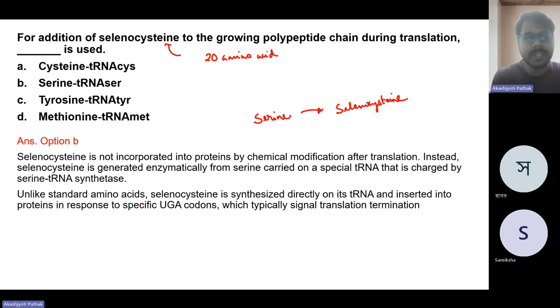So unlike standard amino acids, selenocysteine is synthesized directly on its tRNA and inserted into proteins in response to a specific UGA codon. So this is actually a stop codon, the UGA codon, but this stop codon also codes for selenocysteine, though it typically signals translation termination.